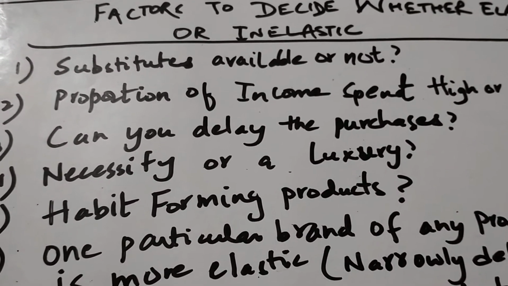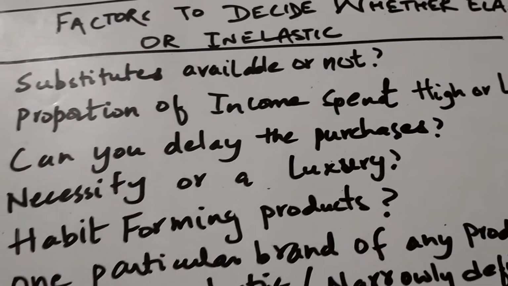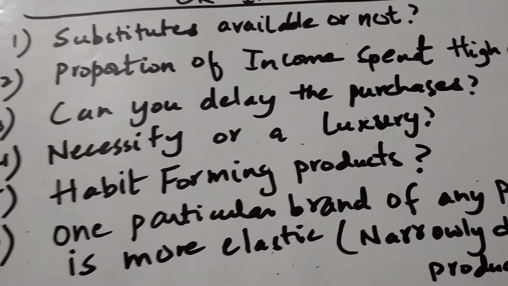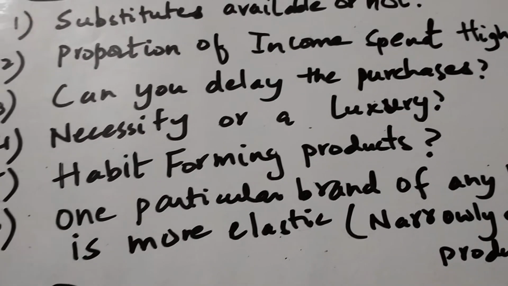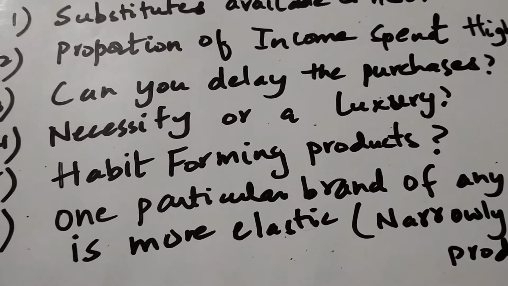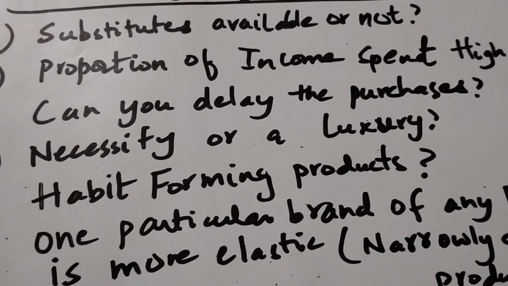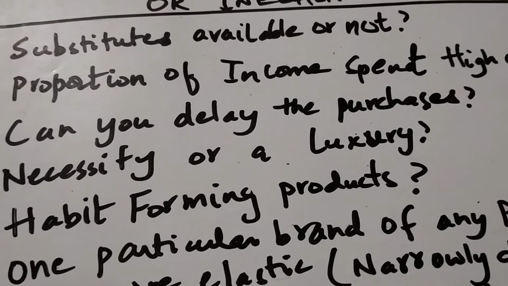So another factor is, can you delay the purchases? It means that if you have more time available to buy a product, then it will be more price elastic. But if you have to buy it quickly, then that product will become price inelastic in nature, and you have to respond quickly.